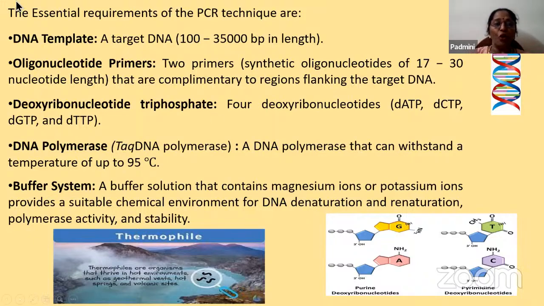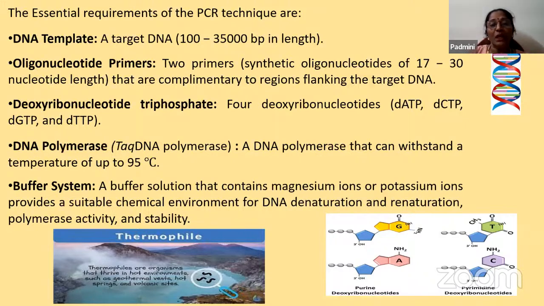Oligonucleotide primers. The oligonucleotide primers are the most important ones. So you need to have 2 primers, synthetic oligonucleotides of 17 to 30 nucleotides in length. Synthetic means man-made. So you're going to produce these oligonucleotides, which are going to be complementary to the region flanking the target DNA.